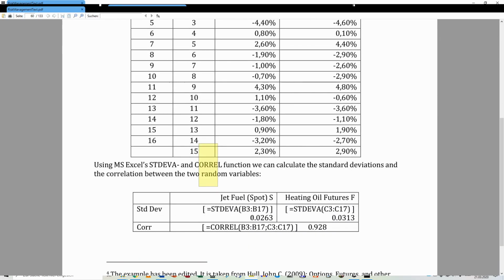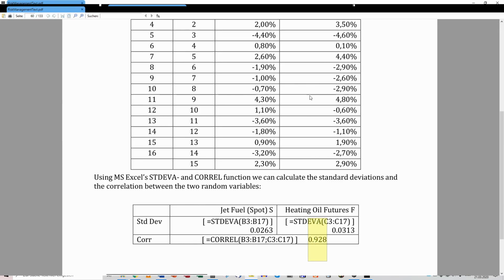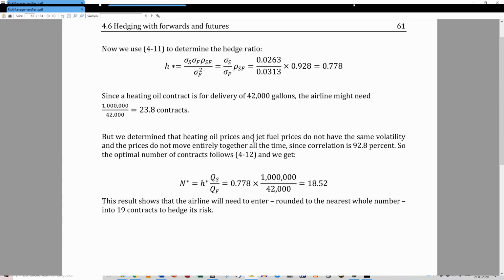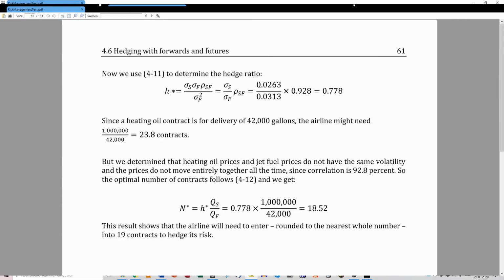The standard deviation for the jet fuel price changes is 2.63%, and the volatility in the heating oil price changes is 3.13%. And the correlation is very high, as we have already seen by looking at the data. It is very close to +1. It's 0.928.